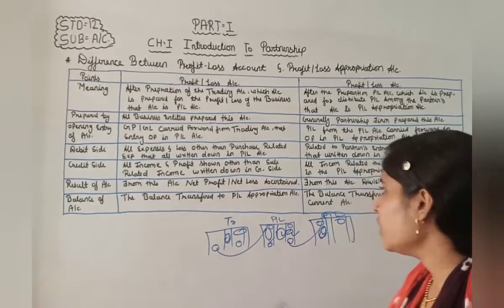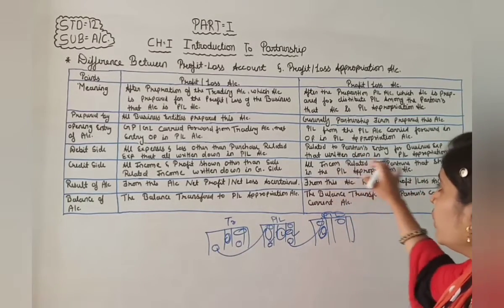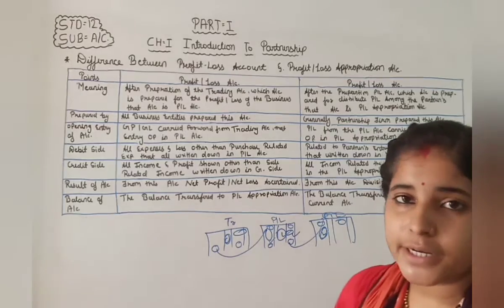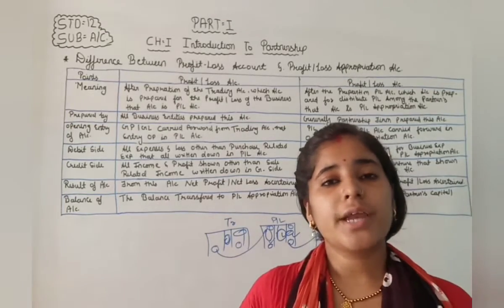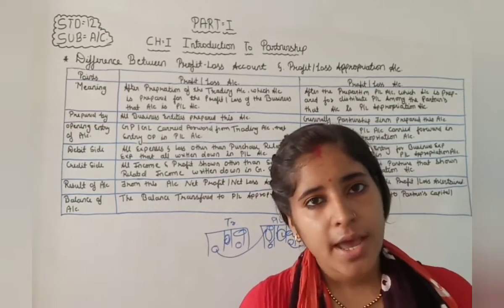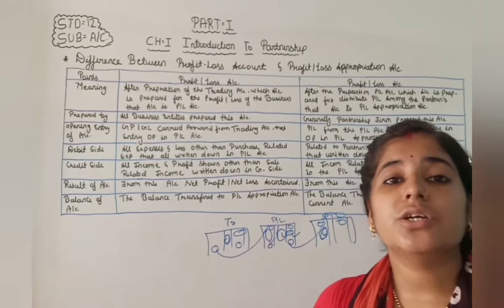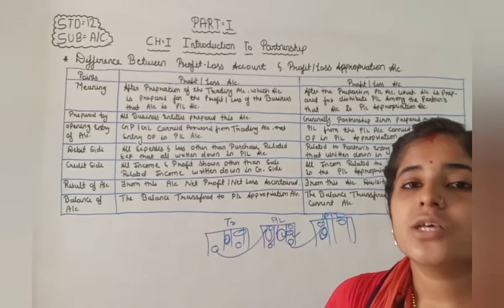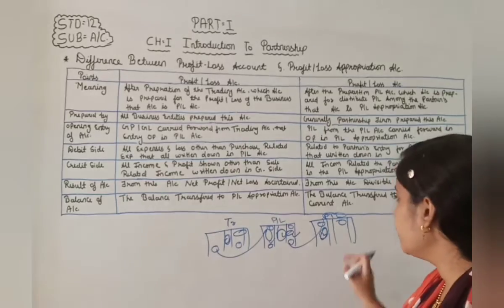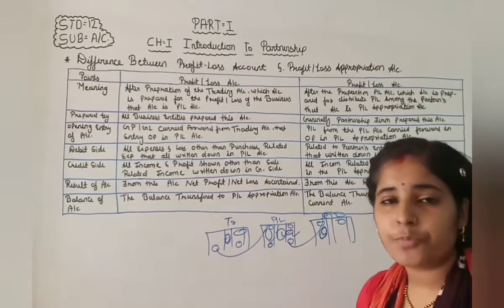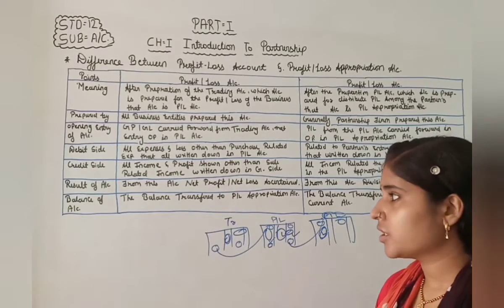Now on the credit side, all income related to partners is written in the profit and loss appropriation account, that is interest on drawings. Such type of income we write on the credit side of the profit and loss appropriation account.